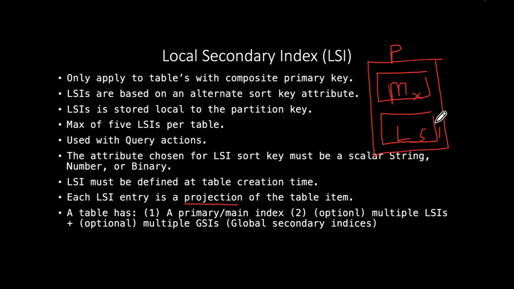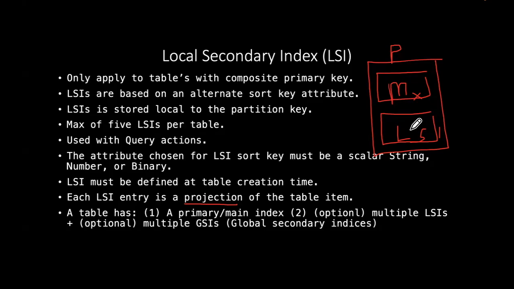The whole point of having an LSI is because we want to be able to perform more than just the standard type of query, the standard being the one that's based on the main index. That's why there's an upper limit of 5 LSIs per table. So you can only have 5 LSIs within a partition.